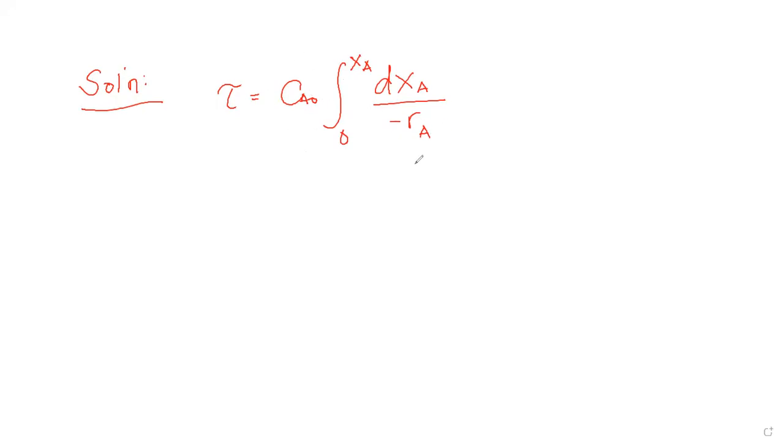Now in the rate, we will plug in the rate expression that is given in the problem. So we have 0 to 0.80 because the problem gave us that the desired conversion is 80%. And we have here dXA.